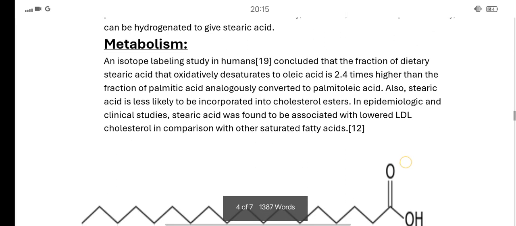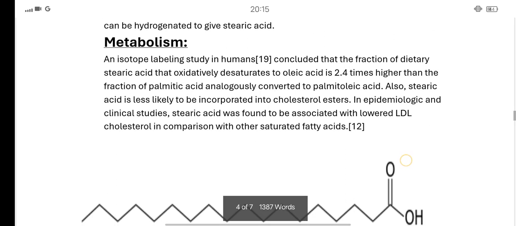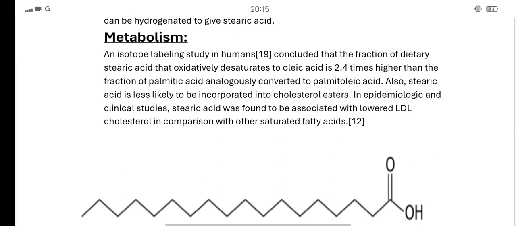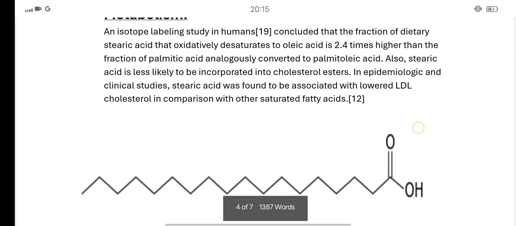An isotope labeling study in humans concluded that the fraction of dietary stearic acid that oxidatively desaturates to oleic acid is 2.4 times higher than the fraction of palmitic acid analogously converted to palmitoleic acid.